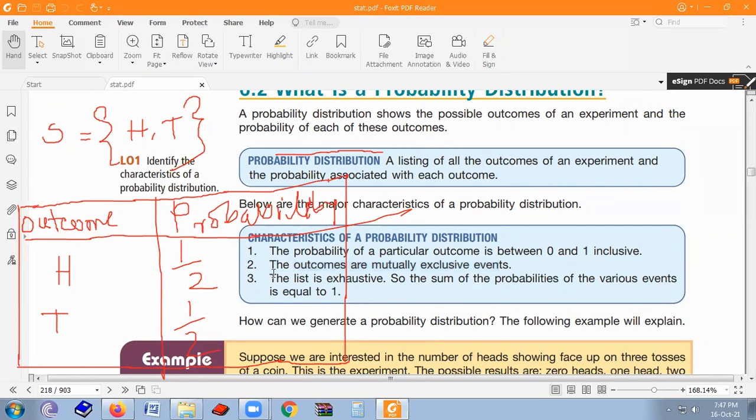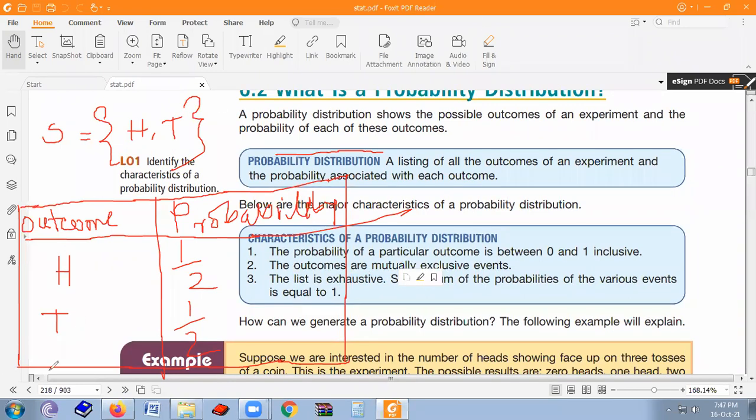The last one is that the list is exhaustive. That means the sum of the probabilities of the various events must be equal to 1. If we take all the outcomes and their probabilities, the sum must be 1. There are two possible outcomes, head or tail. The probability of head is half, the probability of tail is also half, so the sum of all the probabilities is 1.